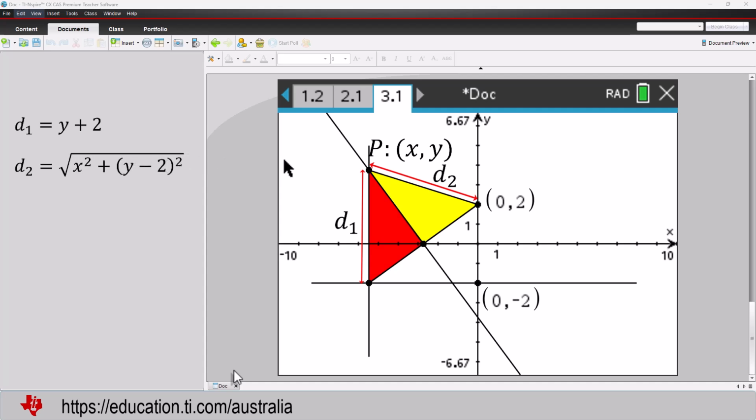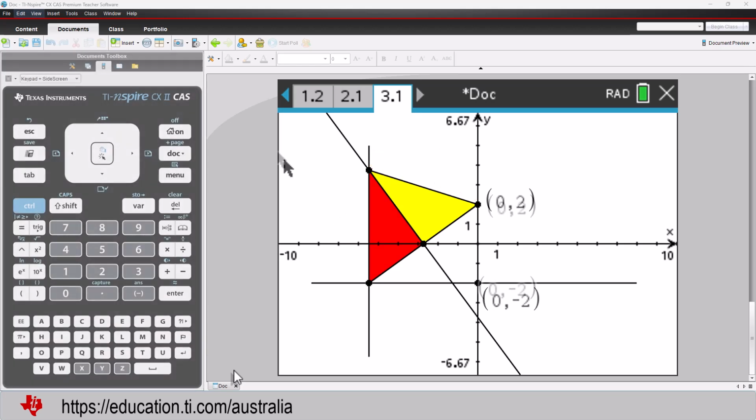Using triangle congruency, we know that d1 is equal to d2. Now we have an equation relating x and y. So we can transpose or solve this equation to make y the subject and graph the result.